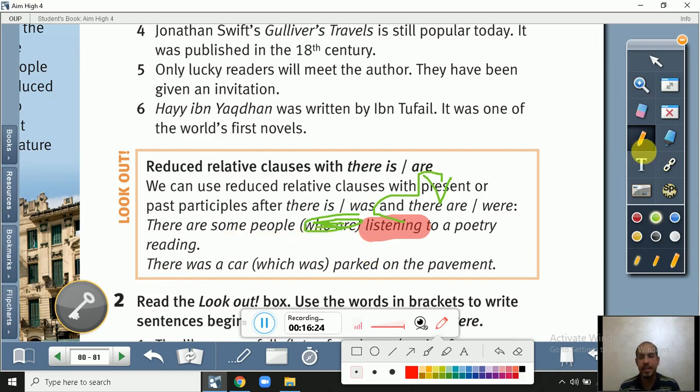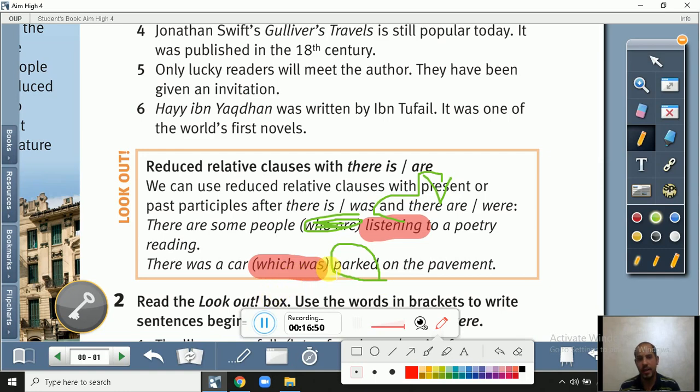Okay, the second one. There was a car which was parked on the pavement. Look, this is the clause, and this is the past participle, the verb 3. So can I omit this part, I mean the relative clause?